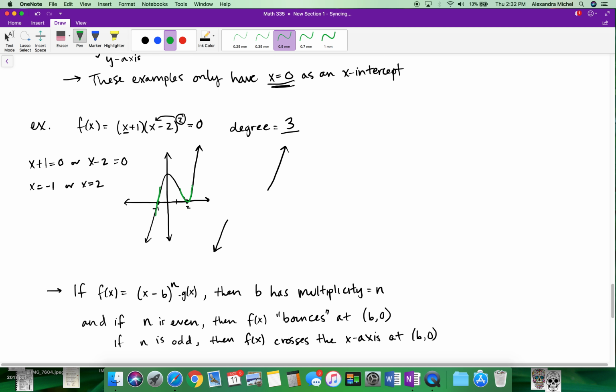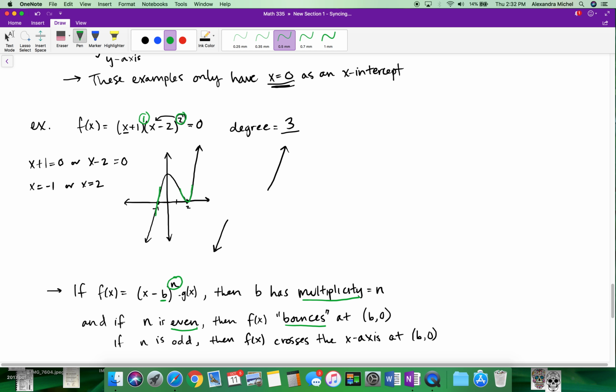I have the rule written here, but really what we need to look at in our previous example is that x plus 1 is to the first power, and x minus 2 is to the second power. So whenever we have a multiplicity, that's what it's called, multiplicity is the power of that factor. If the multiplicity is even, then f of x bounces at b comma 0 if our root is at b.